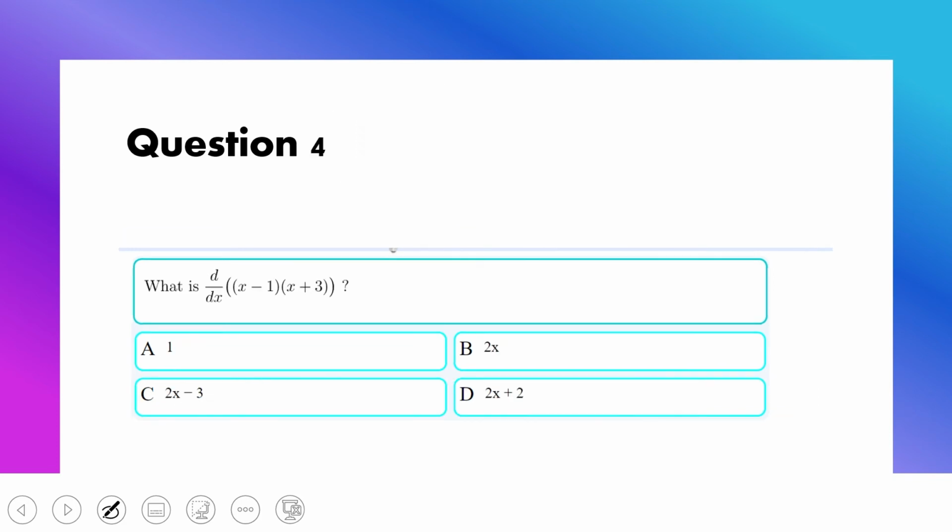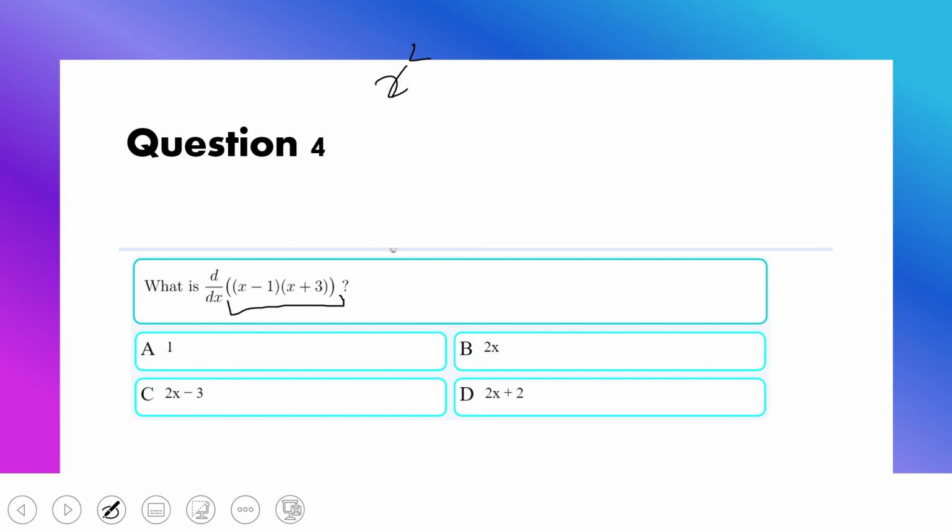Ooh, this is interesting, right? You want to find the derivative of this whole term, right? Well, how would you do that? Well, how about if I just expand the brackets? If I expand the brackets, you get an x squared term, right? And then you can just apply the power law to the individual terms.